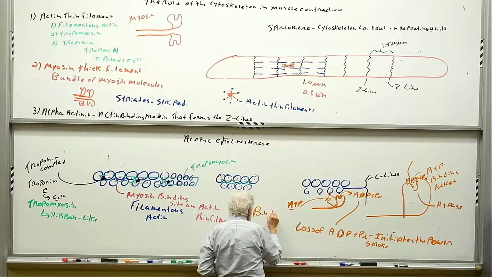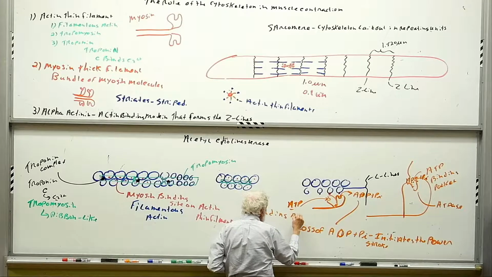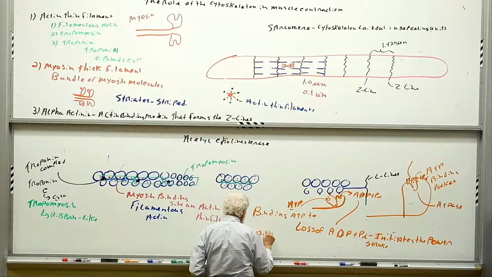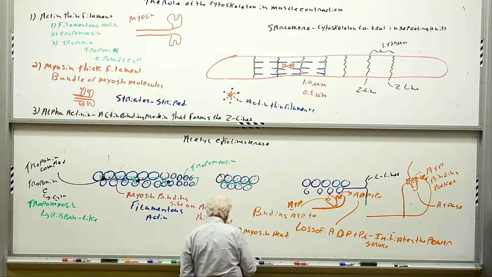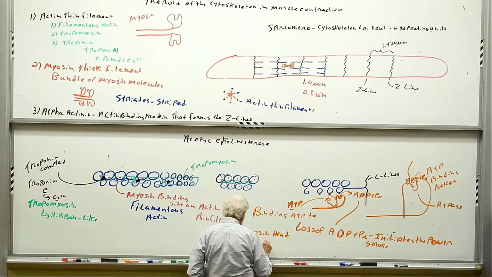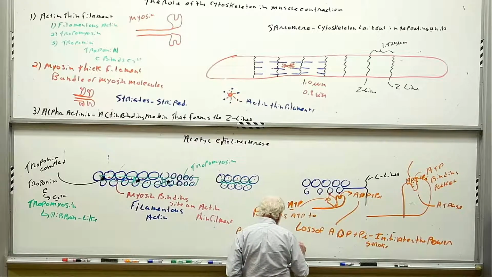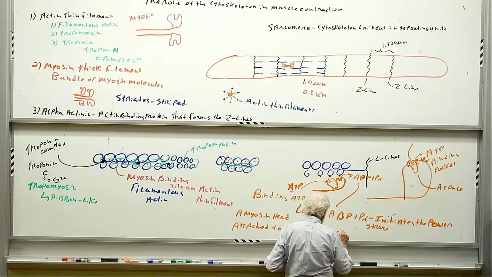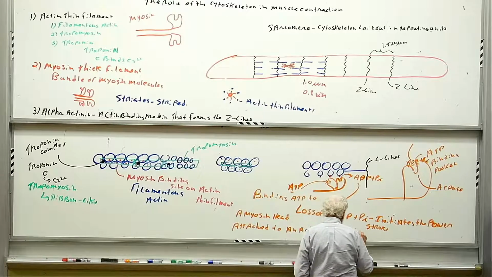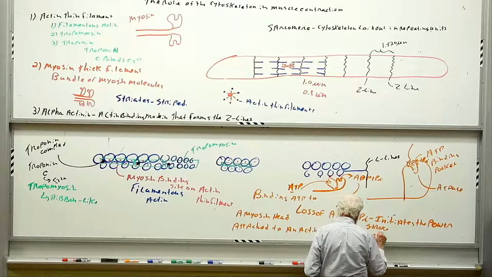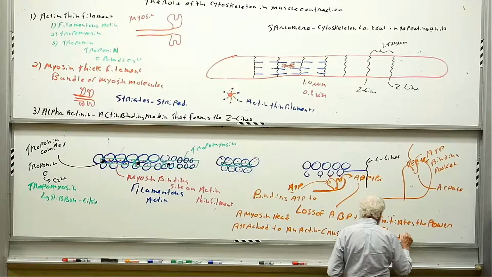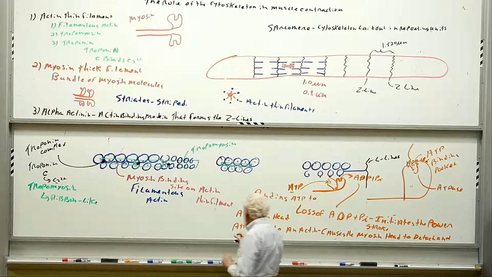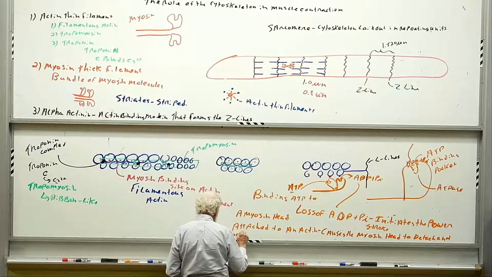Binding ATP to a myosin head attached to an actin causes the myosin head to detach and recock to its original position.